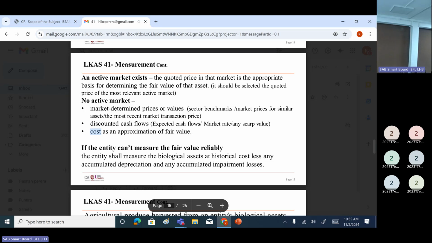So for this subject we have three areas. Under these three areas, first one, different accounting standards. Under different accounting standards, we have the agricultural standard. In the agricultural standard, we had definitions. Under definitions, we learned about biological asset and agricultural produce. Biological assets are living animals or plants. Agricultural produce is the outcome we are getting from the biological assets. Harvest means the detachment process of agricultural produce from the biological asset. We know that definition, right? And then recognition.